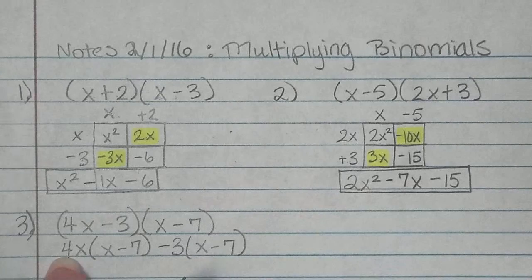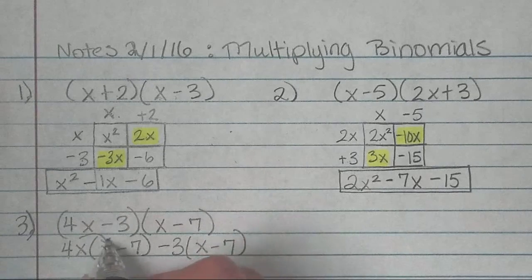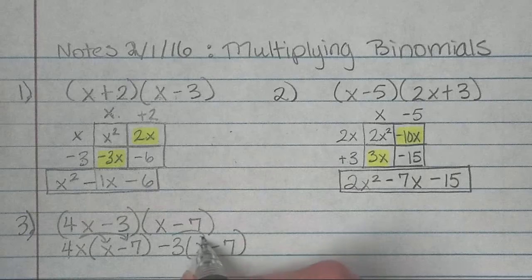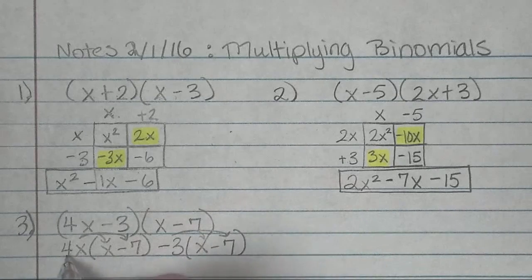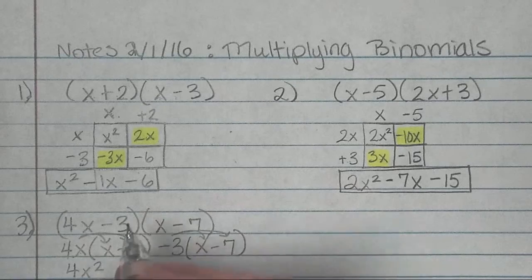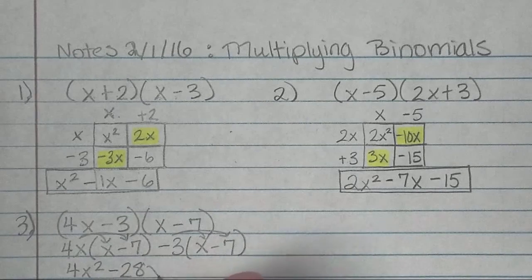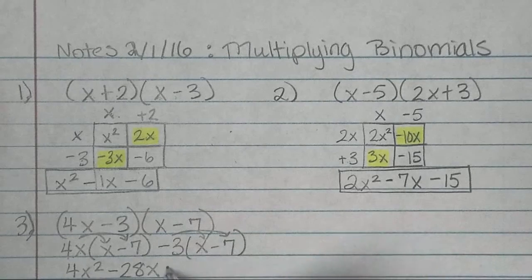Now I'm going to distribute both of these, here and here. So 4x times x is 4x squared. 4x times negative 7 is negative 28x. Then I have to distribute the negative 3. Negative 3 times x is negative 3x. Negative 3 times negative 7 is positive 21.